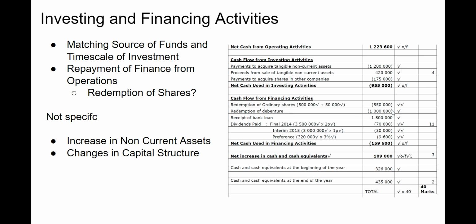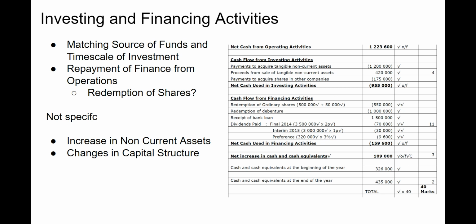And here, ultimately, the company has invested 955,000 in long-term assets they're going to generate profits from, and then use those profits in part to repay the loans the business has got, and also to pay interest and pay the shareholders a dividend. So here there is a bit of a match, because they've spent 955,000 of the bank loan on the purchase of tangible non-current assets. So I'd expect some kind of correlation there.